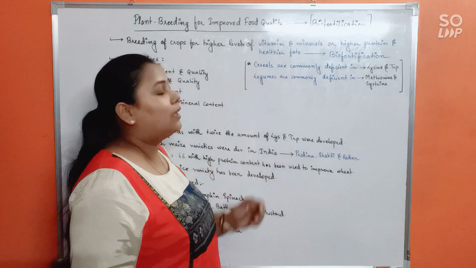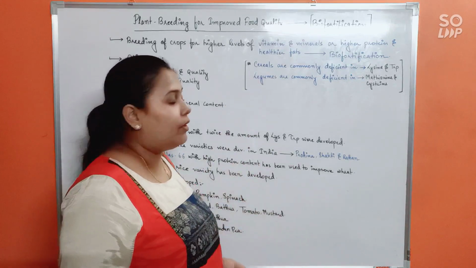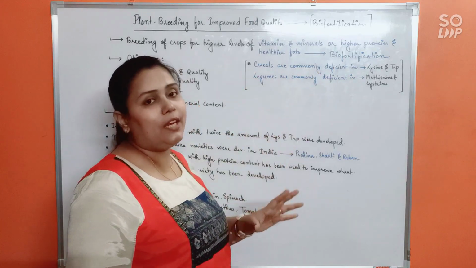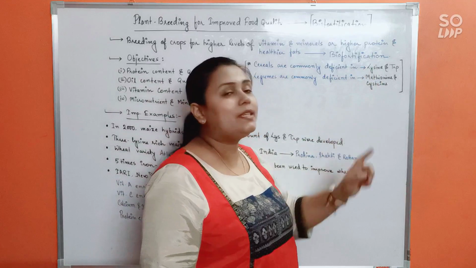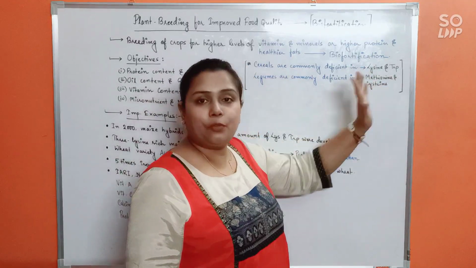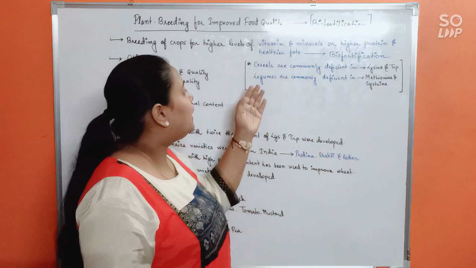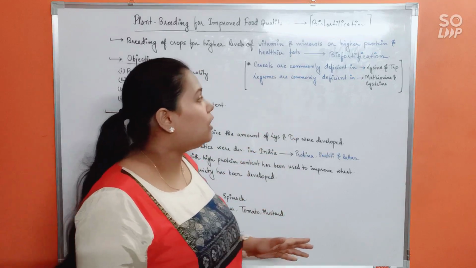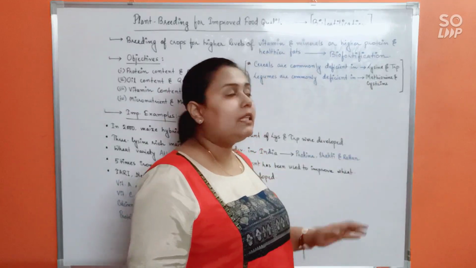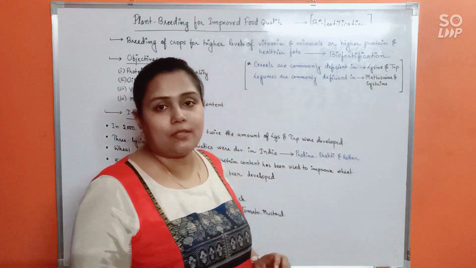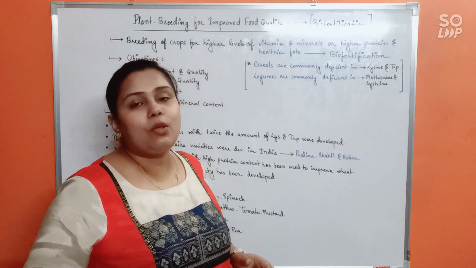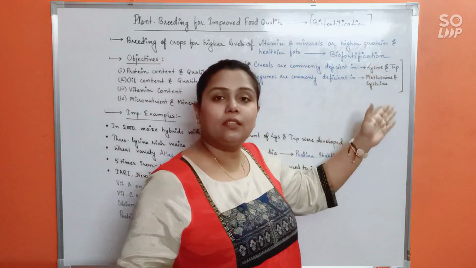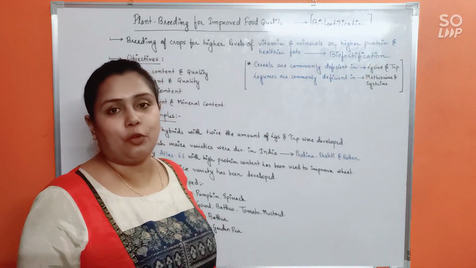The cereals like rice, wheat, etc. are commonly, naturally deficient in certain amino acids like lysine and tryptophan. Likewise, legumes are naturally deficient in methionine and cysteine. These are all amino acids. Okay. So in that case, we have to emphasize improving this content, and that can be done under biofortification.